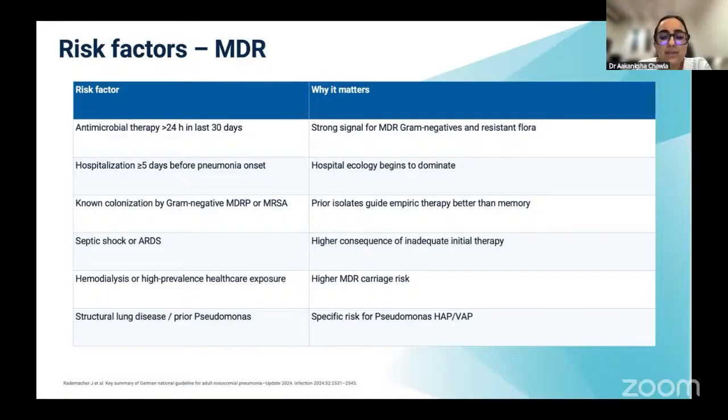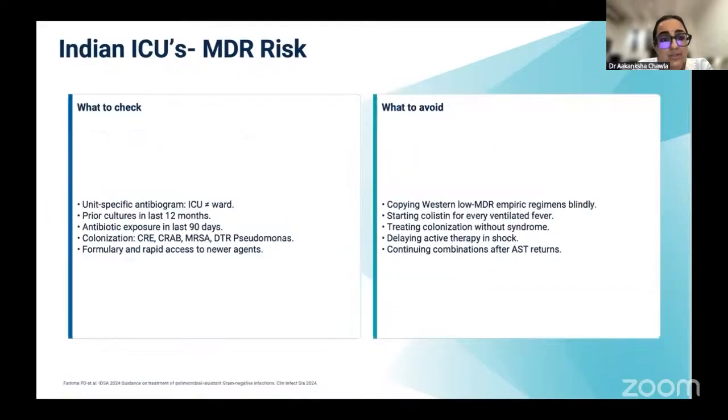So you have to remember these risk factors because you need to accordingly choose your empirical therapy in your patients when they develop the infection.